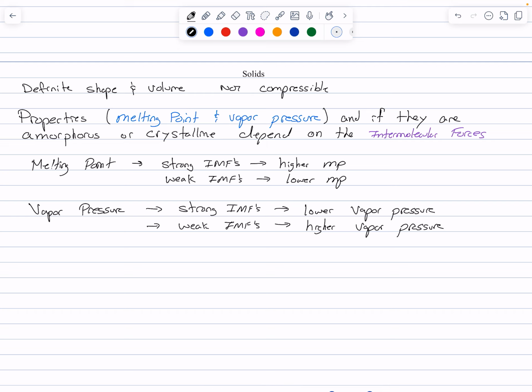All right. So then we talked about type of solid, amorphous, and crystalline. What's the difference? Well, amorphous solids have no long range order of atoms.